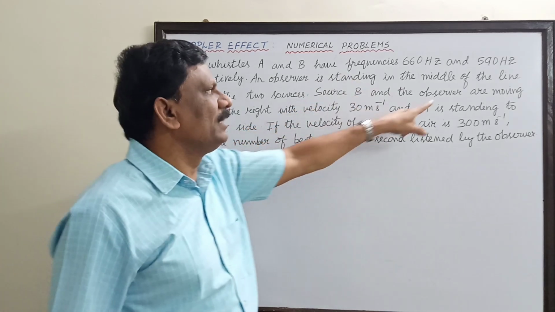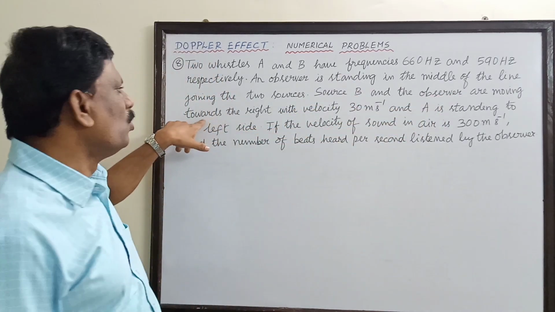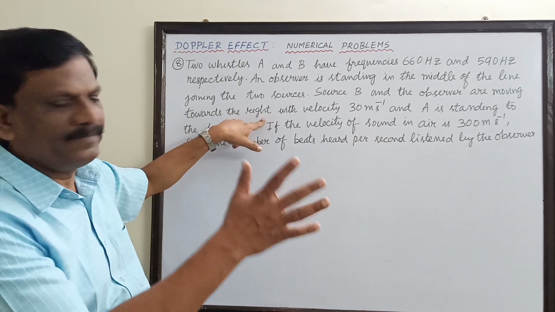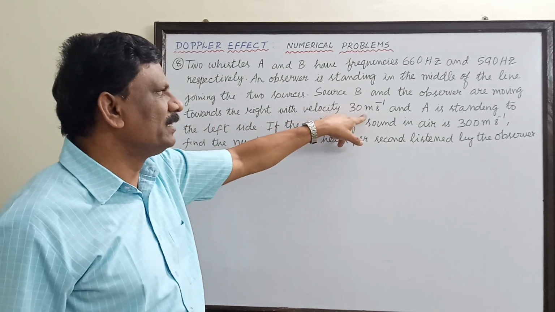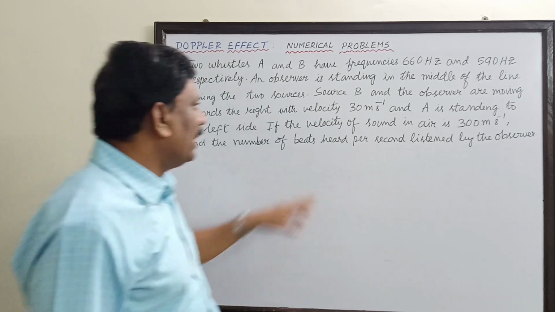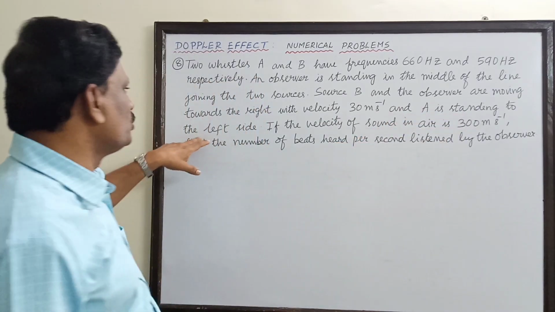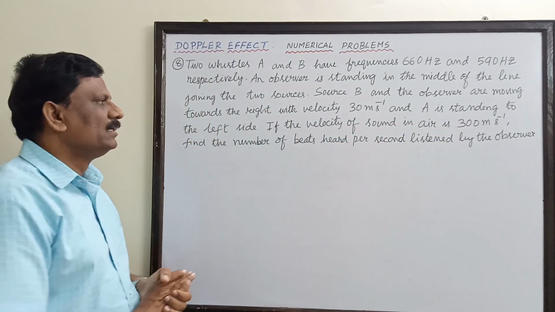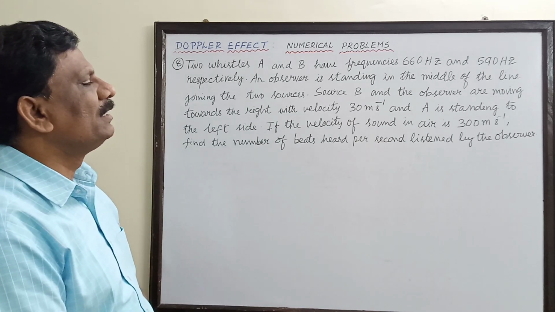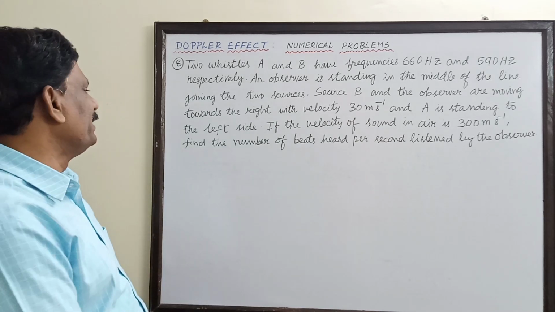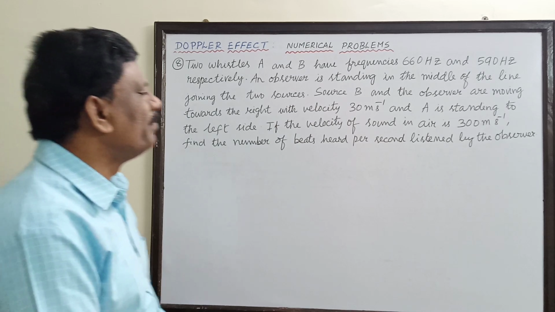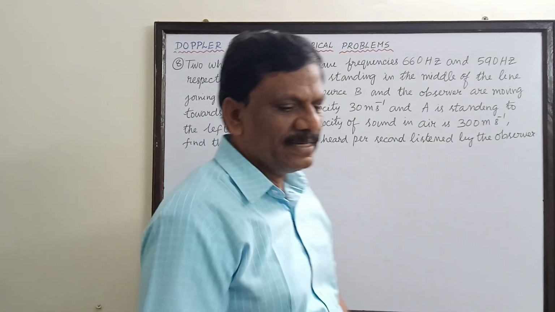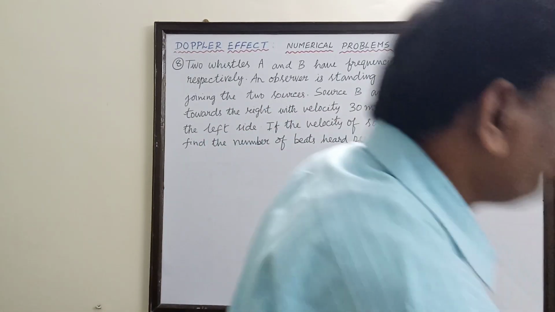Source B and the observer are moving towards the right with velocity 30 meters per second, and A is standing to the left side. If the velocity of sound in air is 300 meters per second, find the number of beats heard per second listened by the observer.